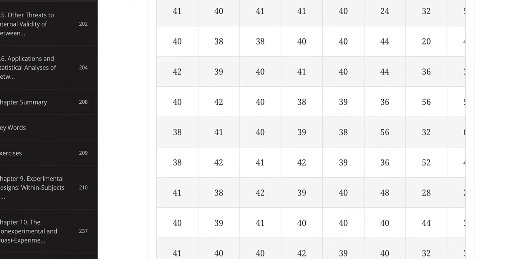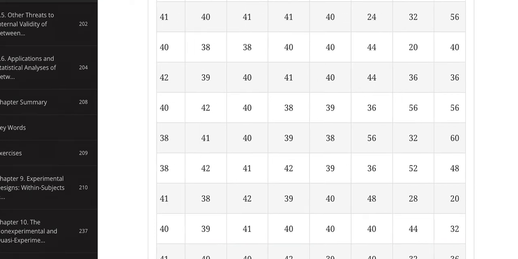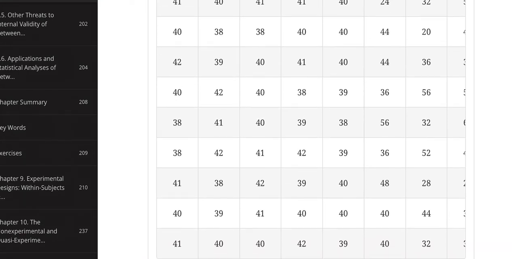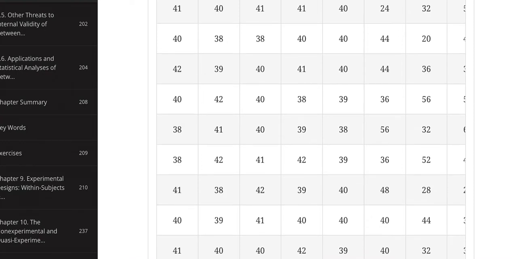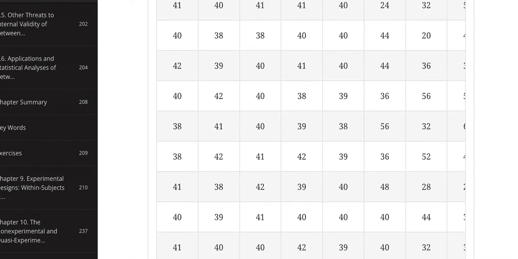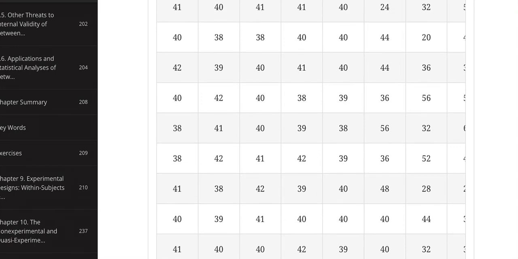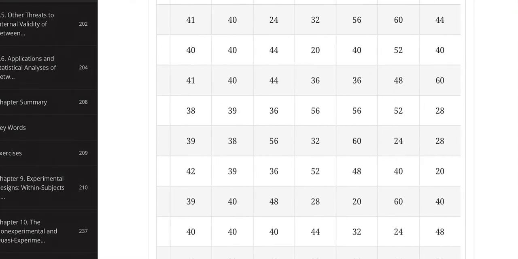I'm going to scroll through here and let you see. You can't see population B yet, it's over here. But for population A, you can see that it's mostly in the high 30s, low 40s. Almost all the scores fit within that range.